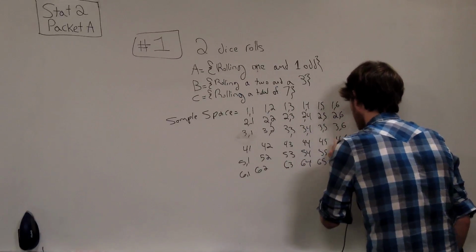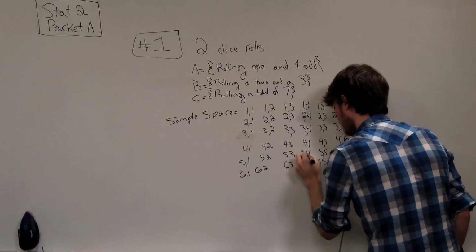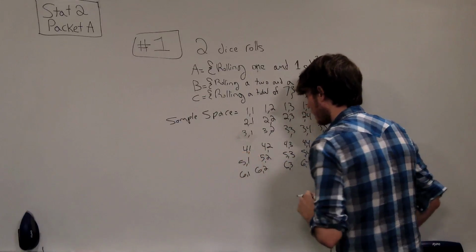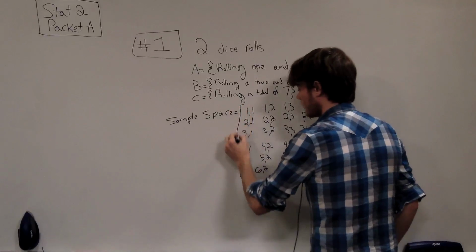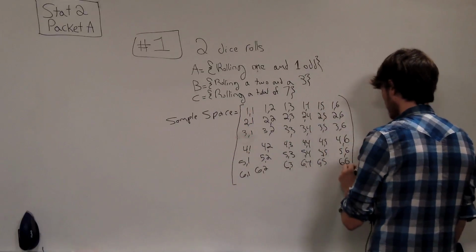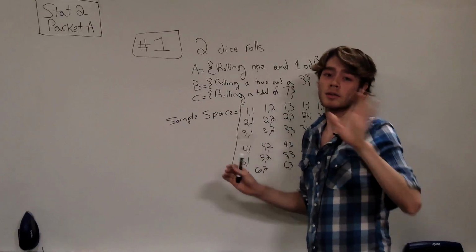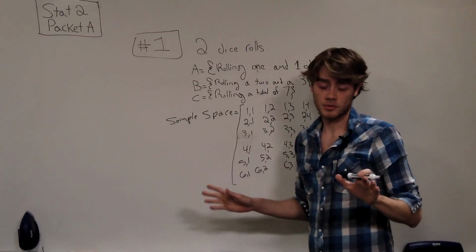Just put some commas. So this is the sample space: all possible combinations of dice rolls that you can get with 2 dice.